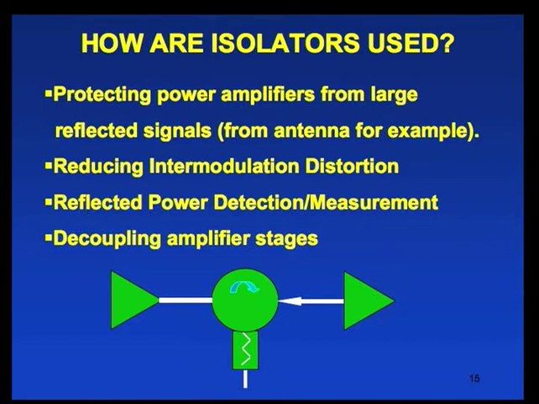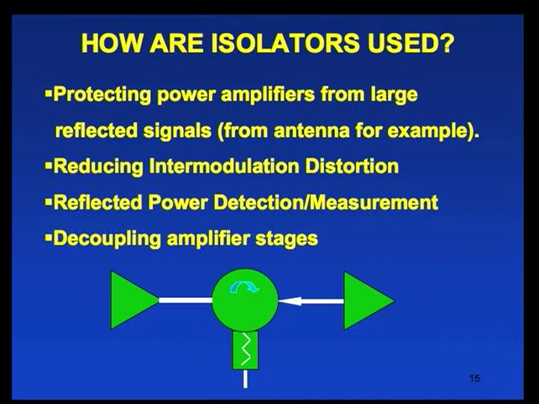And so the energy gets absorbed here and not damaging the power amplifier. One of the problems with communications is that they have lots of signals going through one amplifier, which causes them to mix and create distortion products, and our isolators and circulators can reduce that distortion.